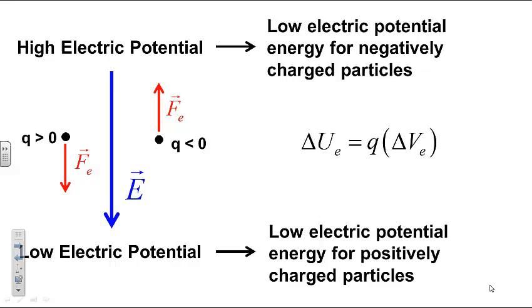It follows that high electric potential corresponds to low electric potential energy for negatively charged particles. Similarly, low electric potential corresponds to low electric potential energy for positively charged particles. This is consistent with the equation for the electric potential energy of a charged point particle in an electric potential.